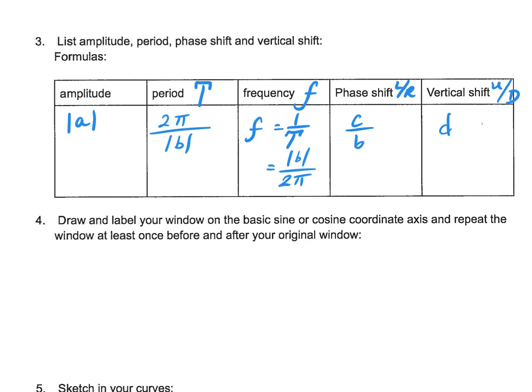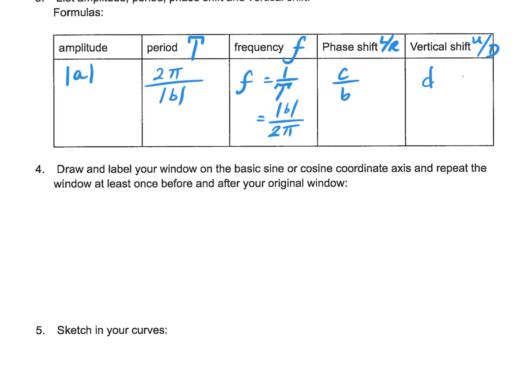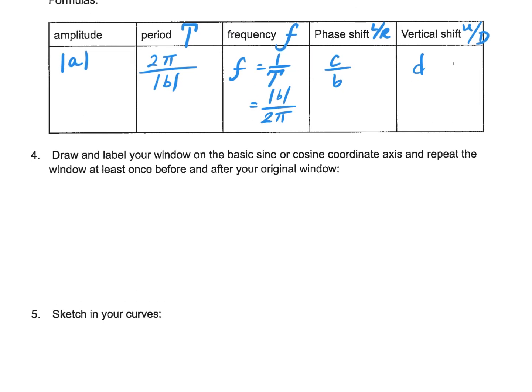So now, we are going to use what we call the window method to graph these. It's the easiest way I know how to teach you, and it's very consistent. In other words, we're going to draw in a window on our graph of where the function should be. We're going to adjust that window according to all of these things we see up here, A, B, C, and D, okay? All right, so how?